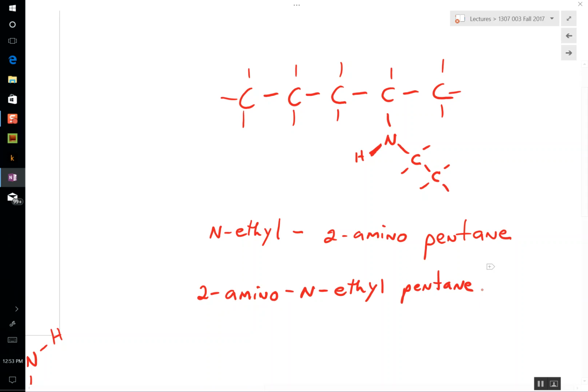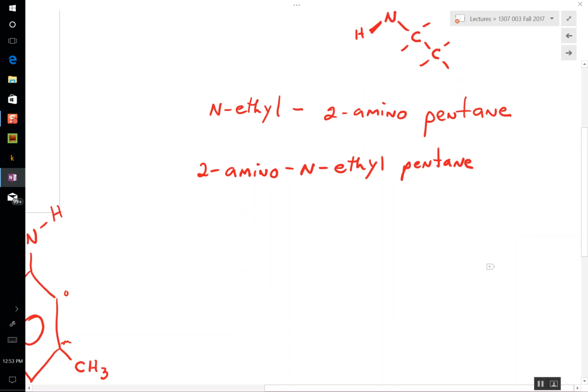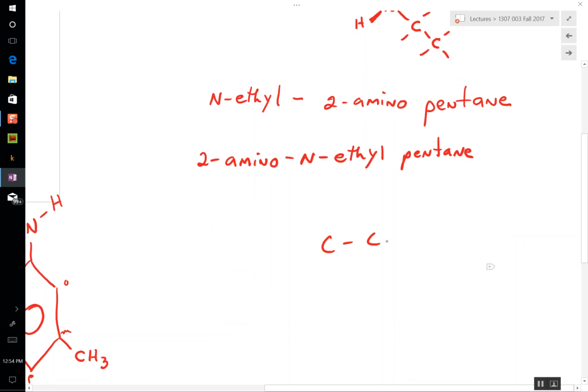Would I accept both those names? Yes. Would I draw the same molecule from both of those names? Yes. If I went to draw this molecule, I'd draw a 5-carbon chain, and I would put an amino group, a nitrogen, on the second carbon. If I was going to draw that, 1, 2, 3, 4, 5, I'd put a nitrogen right here.